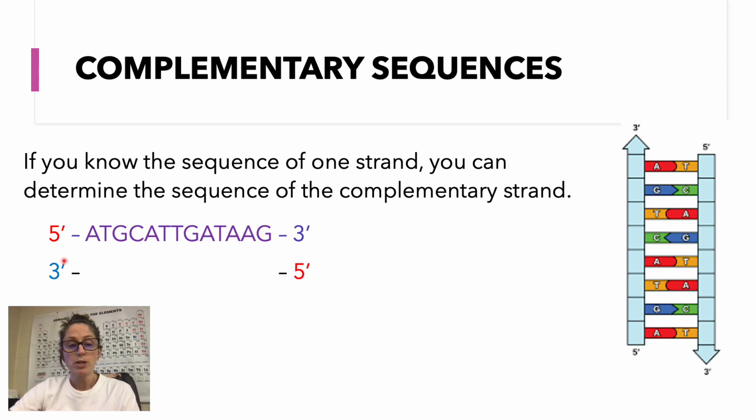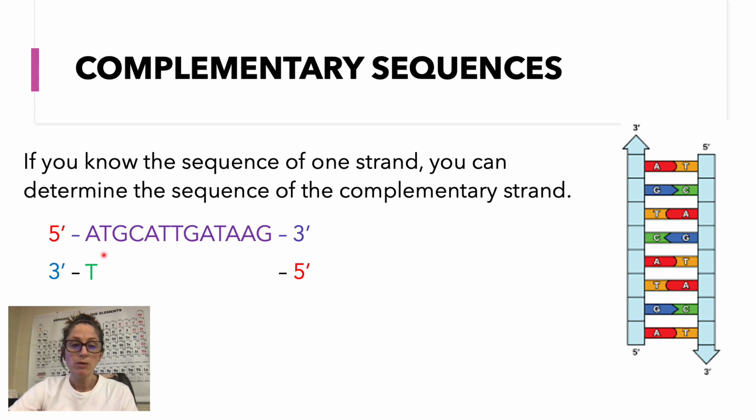So you always start by writing the 3' because this is the 5', so it's going to be the 3' end of the complementary strand. And since this is a 3' end of the given strand, this is going to be the 5' end of the complementary strand. And since we know A pairs with T, the first nucleotide would be T.